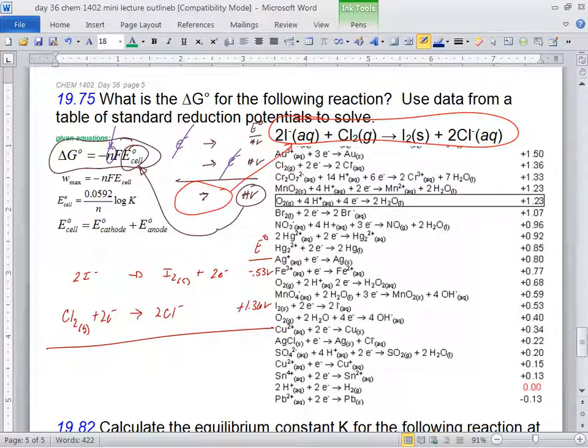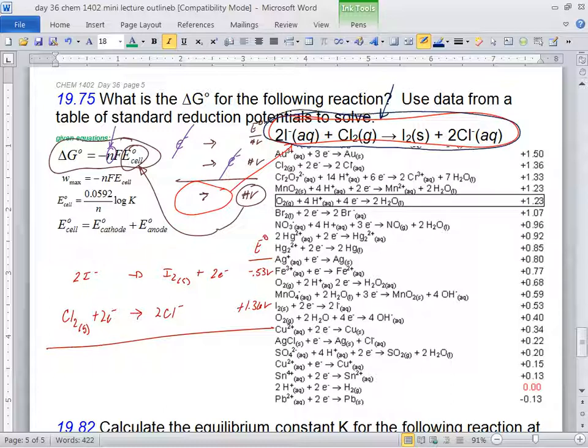Did you get the 2 half reactions? It has to be 2I minus going to I2. Otherwise, when you add them up, you won't get that overall reaction. So that's why you have to write it this way. You have to flip the iodine solid half reaction in the table. And then the chlorine, and all I'm doing is using the overall reaction as a guide to figure out how to write these half reactions.